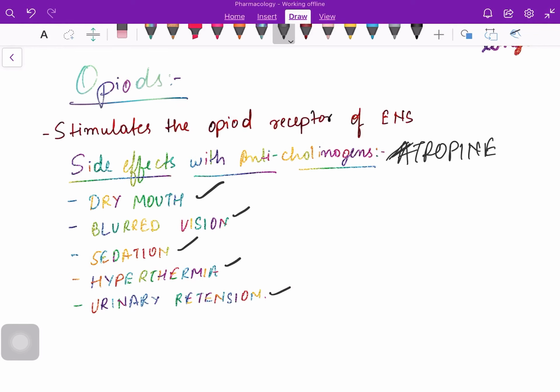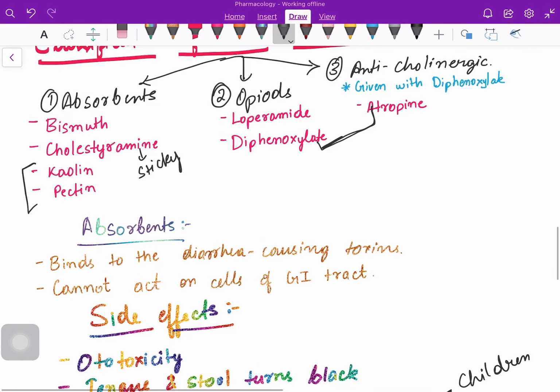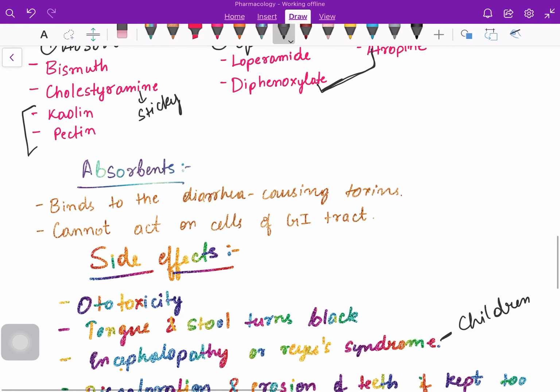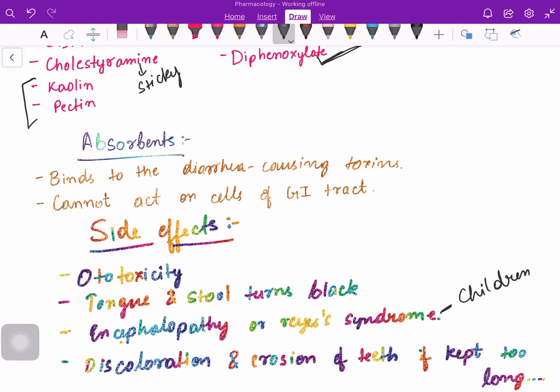So we studied so many drugs and their side effects and how they work and when they should be given, when they should not be given. Here these should not be given within 2 to 3 hours of other medication.